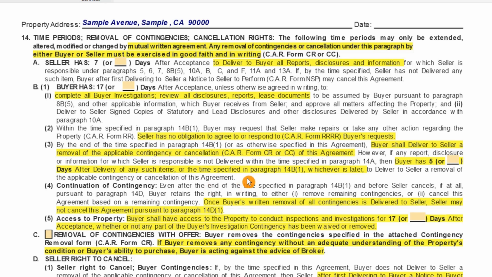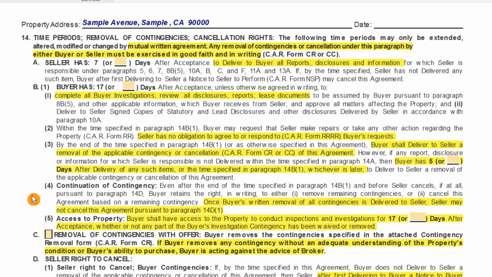Which means that if the seller hasn't delivered the disclosures that they should have delivered in the 7-day period originally, when they do deliver those, it gives the buyer an additional 5 days to do their review of those disclosures. It in effect extends their due date for their contingency.